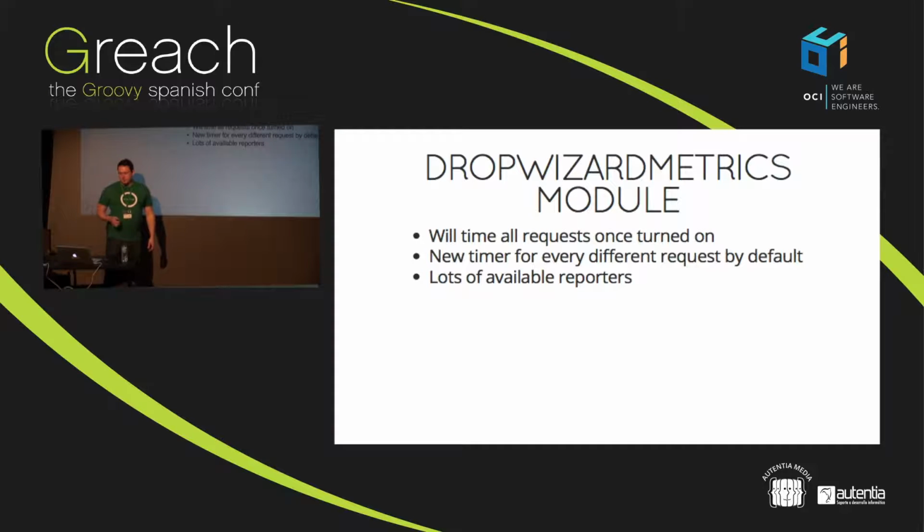There's a new timer made for every different request by default, which means if you have path IDs or something like that that change in your URLs, you're going to generate a new timer for every unique value, which can be really dangerous. There are also a lot of recorders already built into the module.